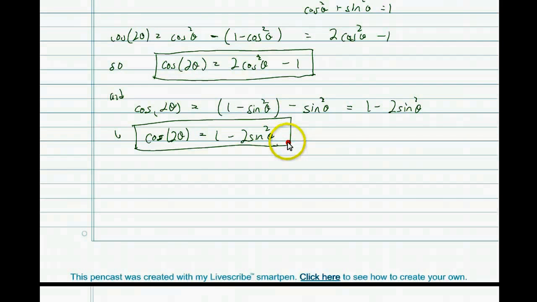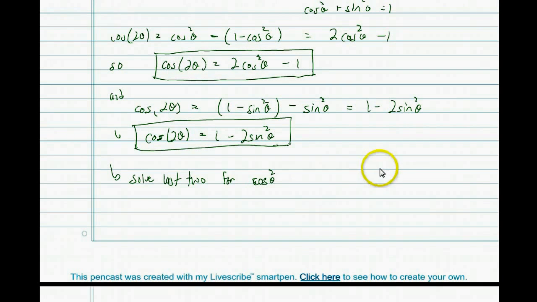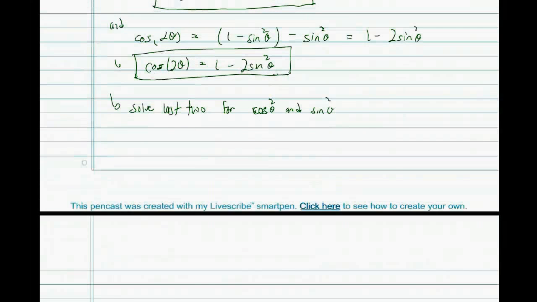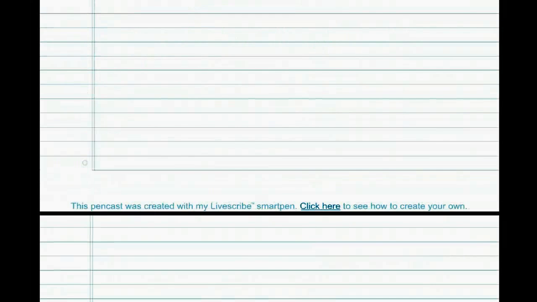So that's the idea. If you know the double angle formulas, you really do know the half angle formulas. You just need to solve appropriately, and then use them as needed. Continuing this below, we're just going to bring these identities down and rewrite them.